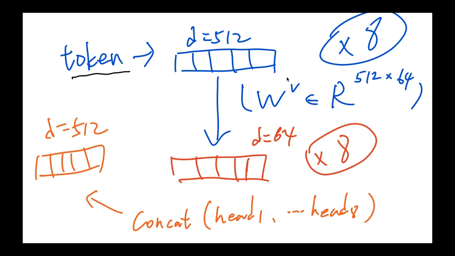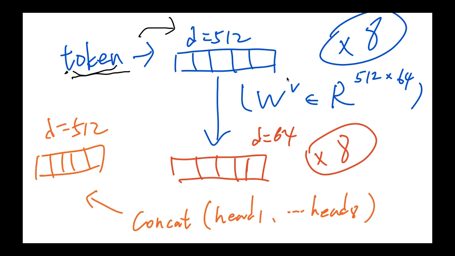Then after word embedding, you are able to convert this token to a 512 dimensional embedding belonging to this token. And then you will have an attention layer. And the attention layer here is not a single layer. You actually have 8 different layers in this transformer architecture.